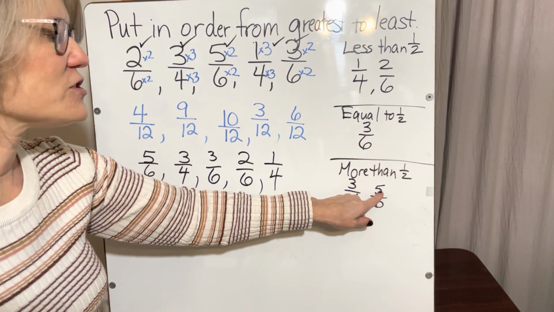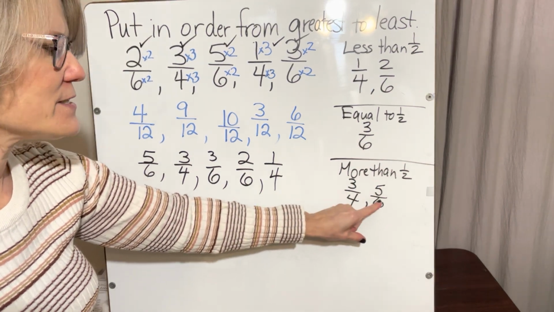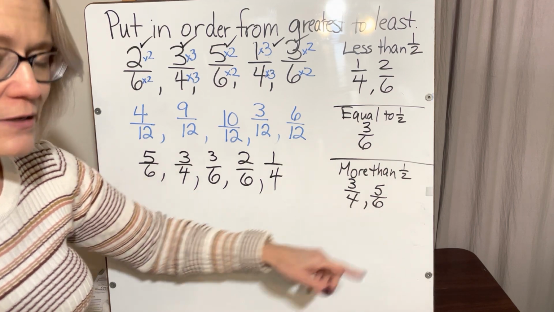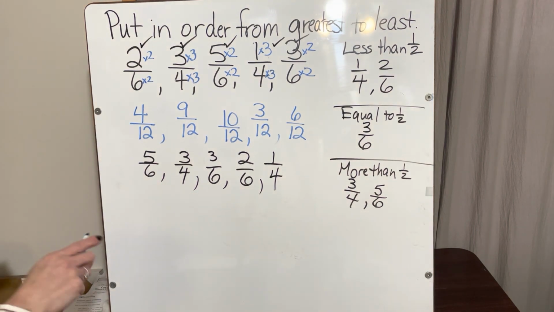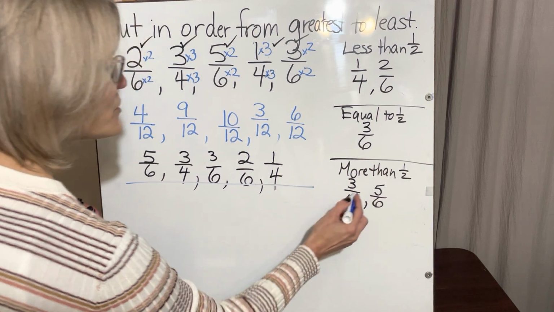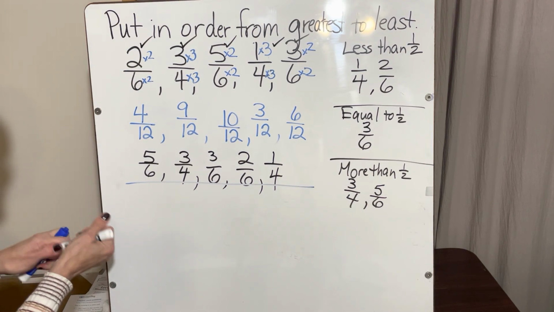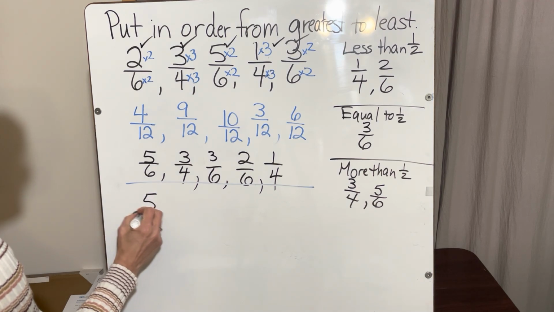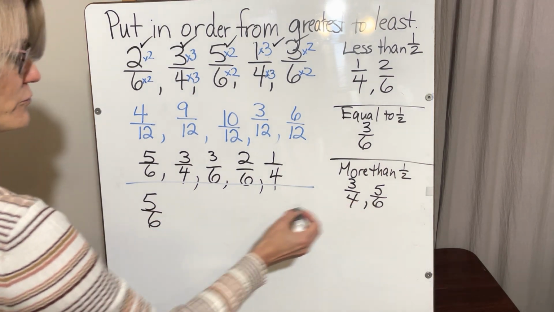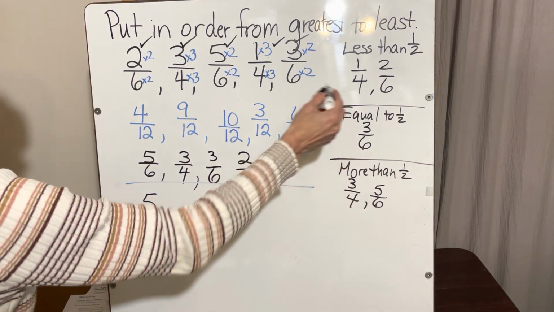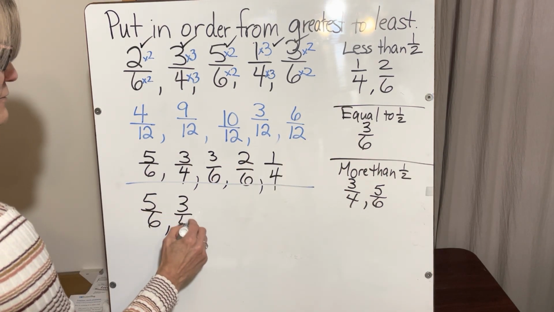So since there's a smaller piece that needs to be added to this to make one whole, I know that this one's bigger. So I know that 5/6 is bigger than 3/4. Well, then I know that 3/4 is more than the rest of them.